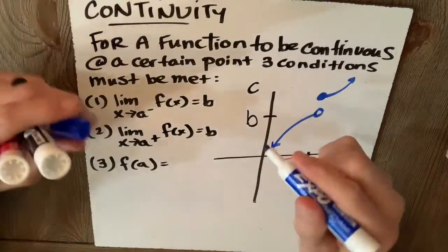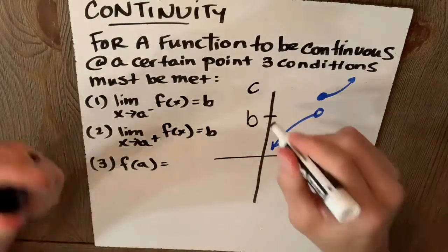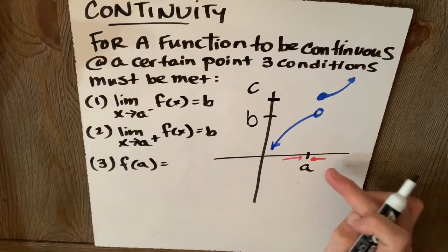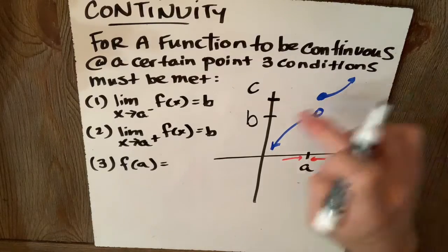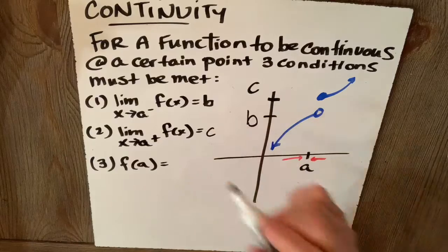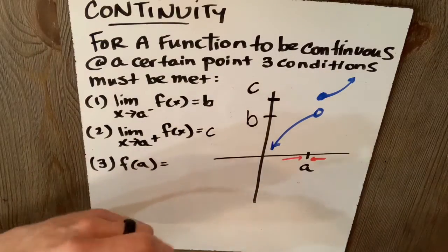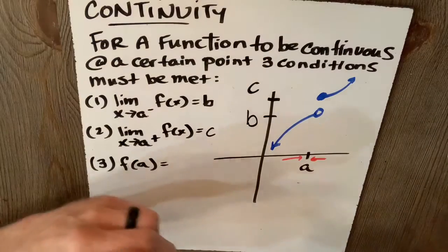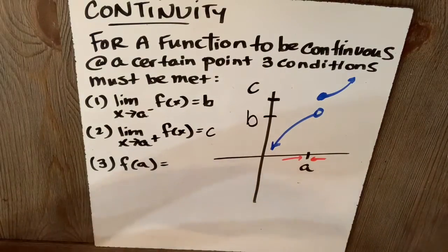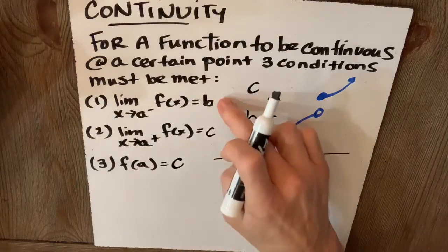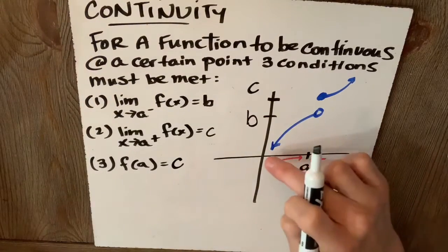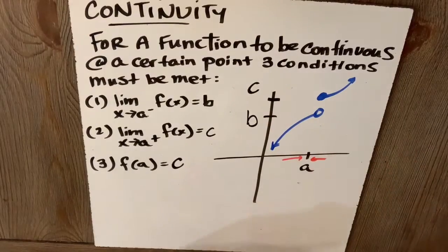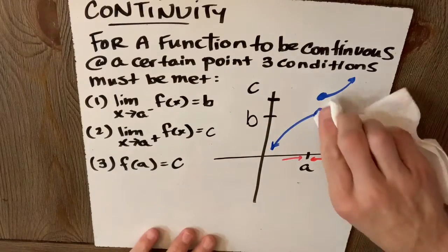But let me bring this c down just a little bit. The limit as x approaches a from the right-hand side, y is heading towards c. So already we know we're not continuous. And maybe I put the actual value here. Then f of a is c. But these don't line up because the limit from the left-hand side is going towards b. So that's not a continuous function at a.